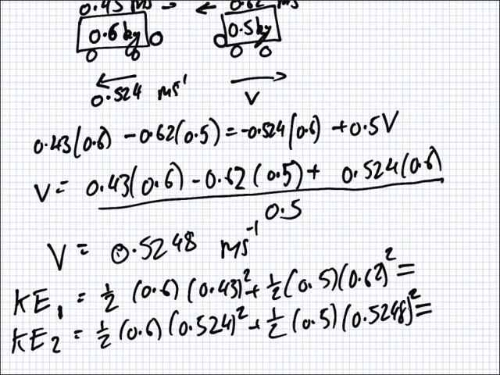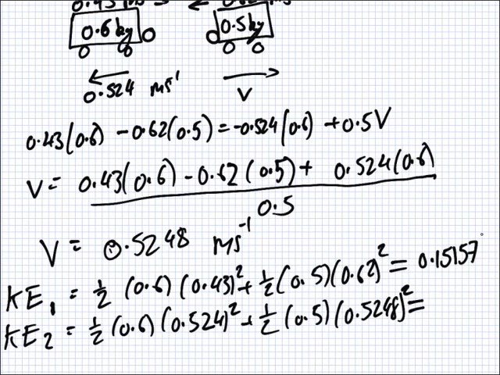So what's the first one? Shouldn't the 0.62 be negative? Doesn't matter, it's being squared. I saved seconds by not writing the minus. The first one is 0.15157 joules.